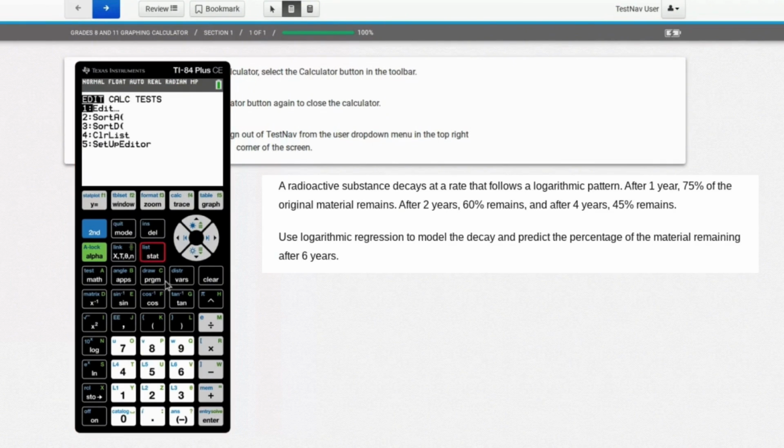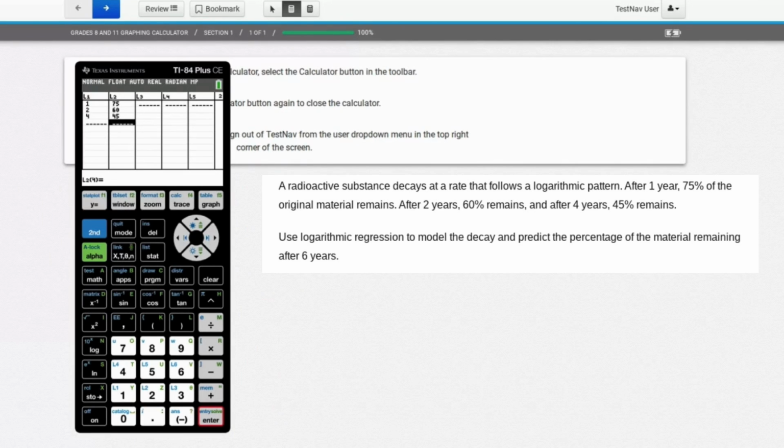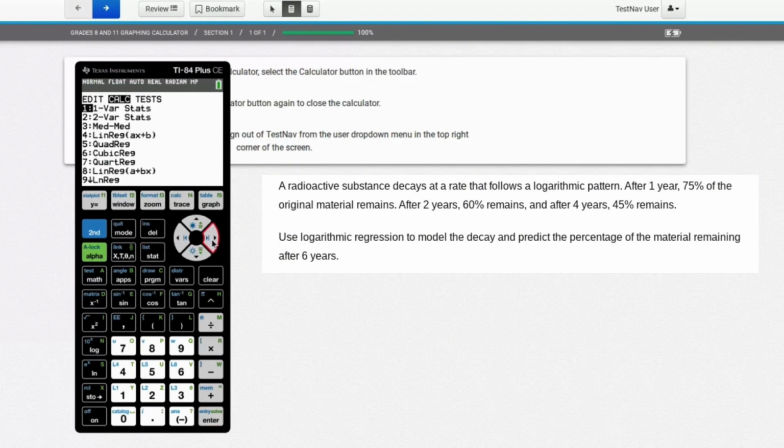All right, same old, stat, edit. It was 1, 2, and 4 like it was last time, but this time our percentages were 75, so we use 75, and then 60, and then 45. Okay? Just like last time, I don't care about the equation, I just care about using it, so let's go to stat, calc, ln reg is 9. Okay, let's store RegEQ by going to vars, Y-vars, enter, and calculate.